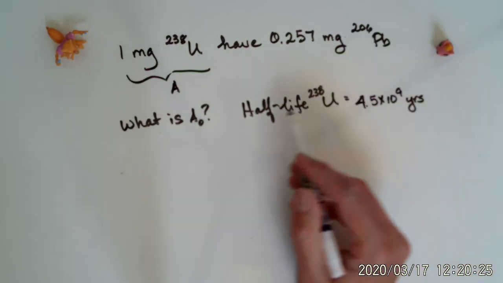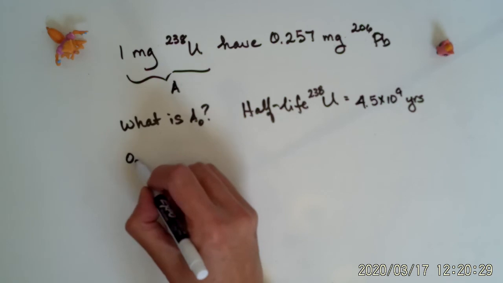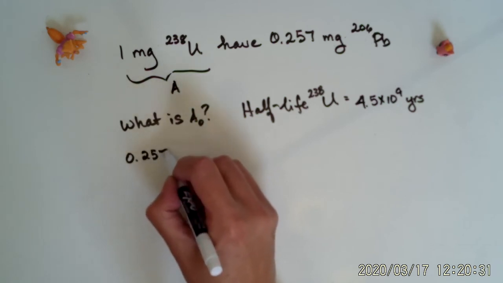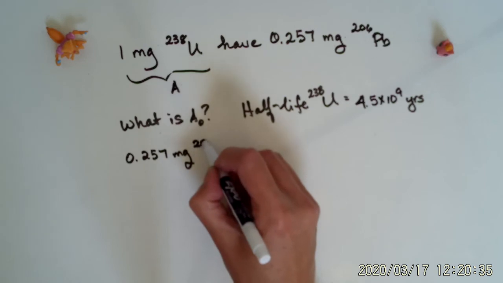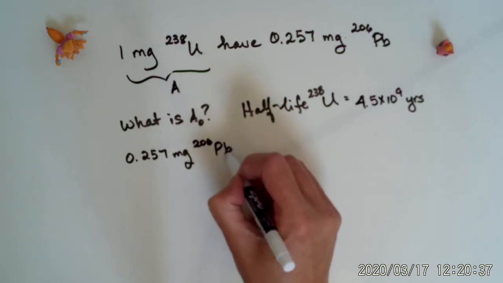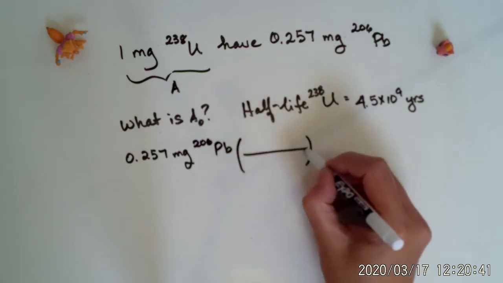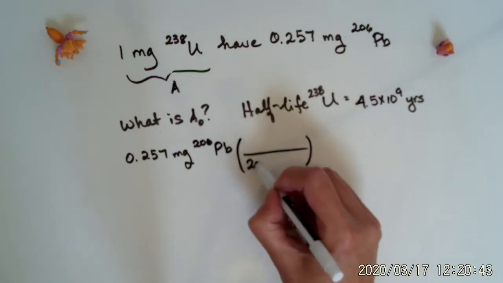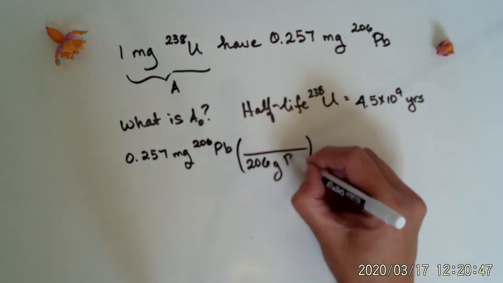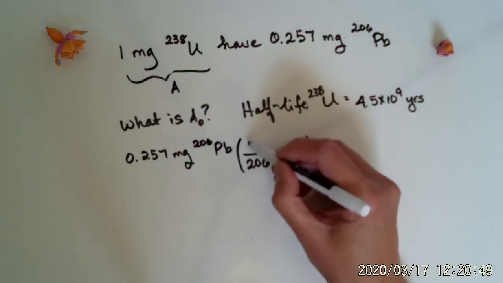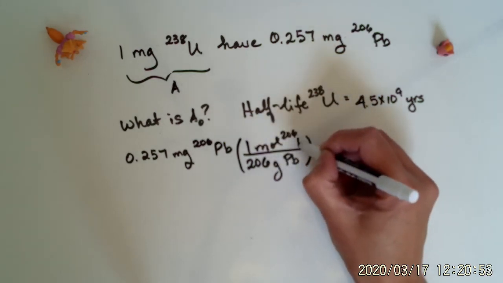Okay, so let's find A naught. If I have 0.257 milligrams of lead-206, then we need to find the moles of lead-206. We know that the mass is 206 grams of lead-206 for every 1 mole of lead-206.